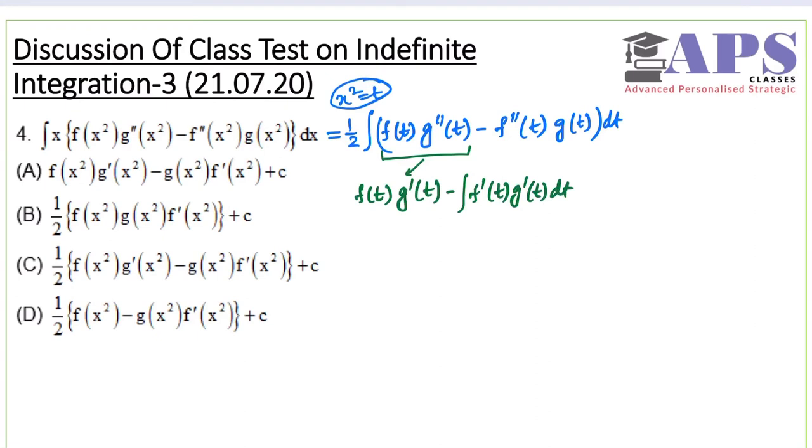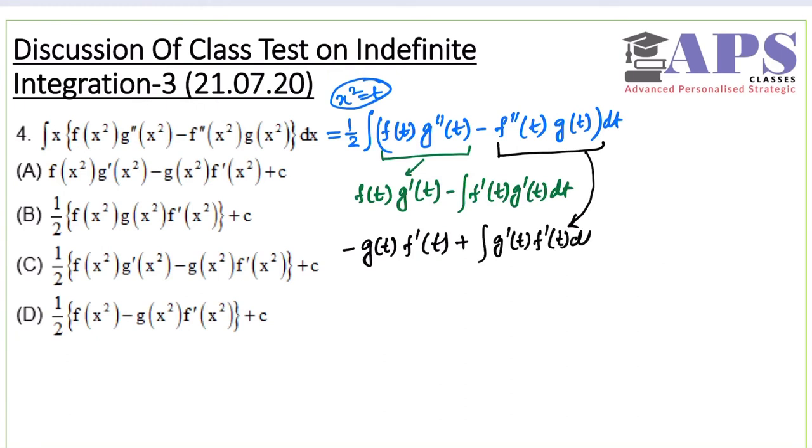And for the other one, if I use integration by parts, it will be g t into f dash t with minus sign, and then there will be plus integration g dash t into f dash t dt.